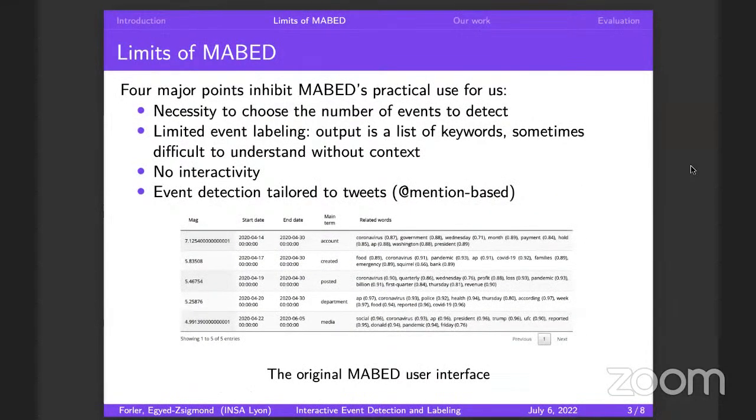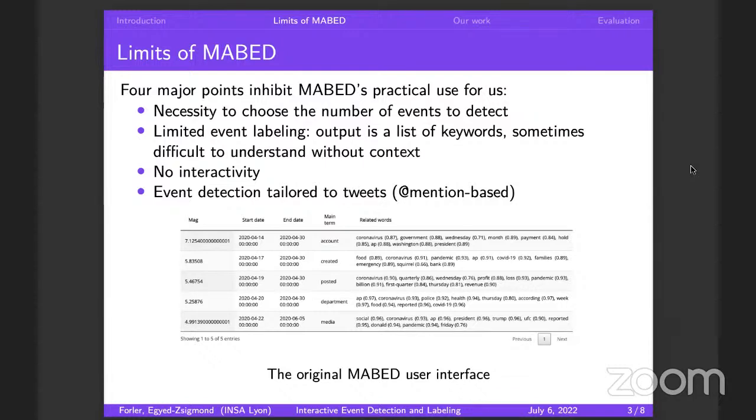We have identified 4 aspects that limited the practical use of MABED for our purposes. The first limitation of the original MABED is the need to specify the number of events to detect beforehand. Also, an event is described by a set of keywords, which can be difficult to understand for users without adequate context.